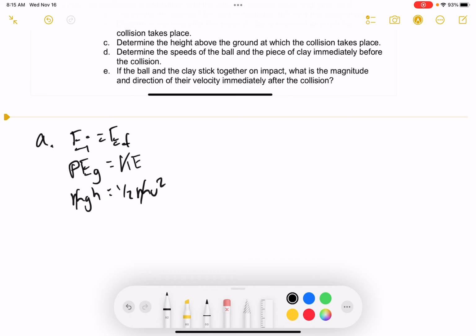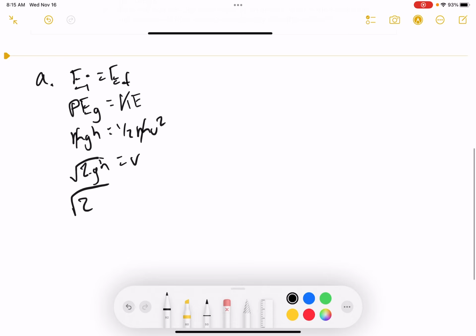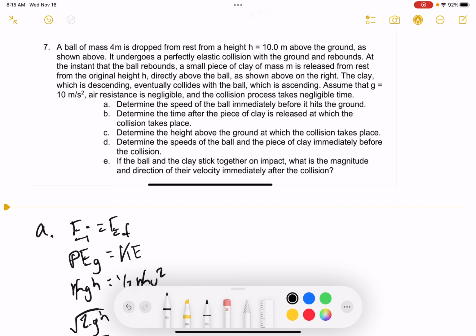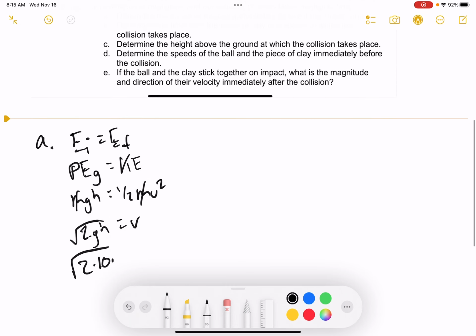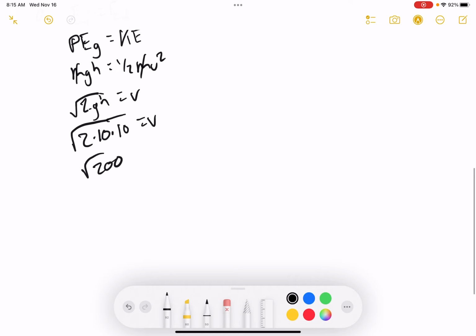I need to solve for v, so I just have the square root of 2gh equals v. But we actually have numbers here. So we'll have the square root of 2 times 10, which is the number they tell us to use for g, you can see that there in the problem, times the height, which is also 10, equals v. So that will just give us the square root of 200 equals v.